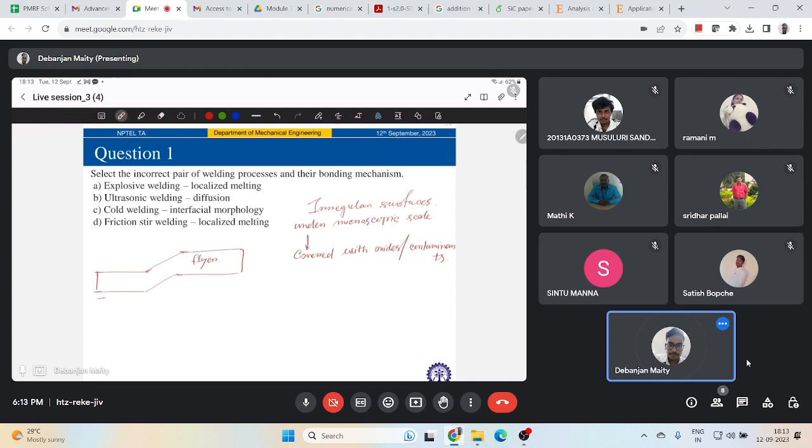You have your substrate over here, and you will have the explosion over here.